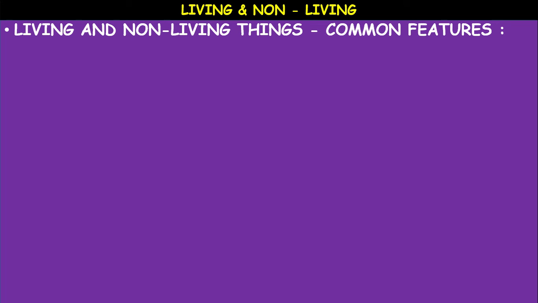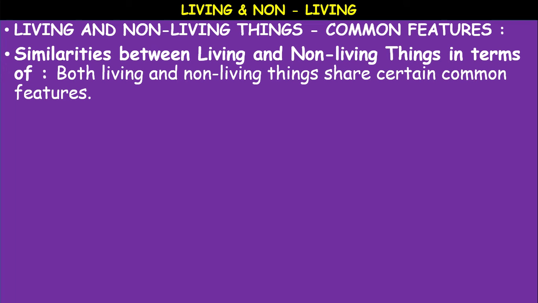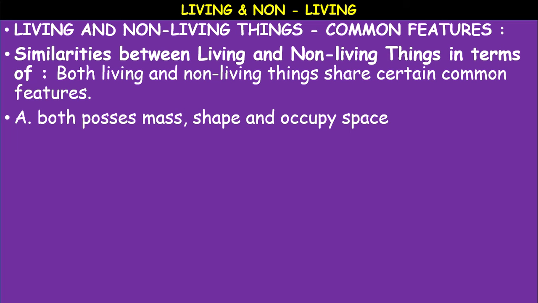Let us now discuss the common features of living and non-living things. Both living and non-living things share certain common features. What are the common features? A. Both living and non-living possess mass, shape and occupy space, the physical quantities.